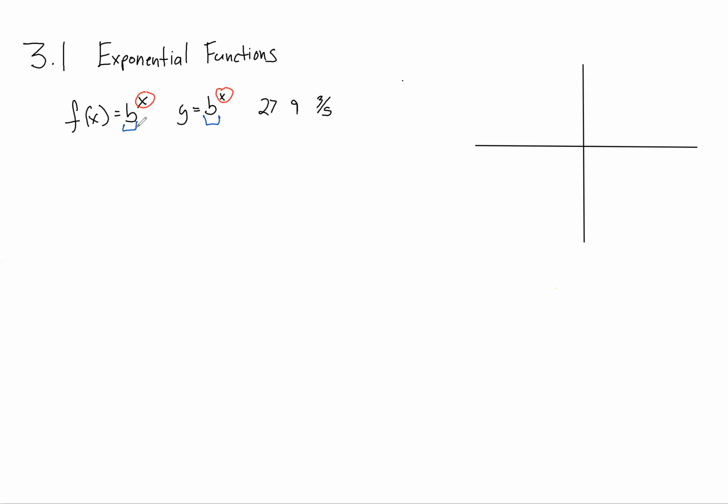And something important that helps with exponential functions is that any base, it doesn't matter what it is, to the 0 is going to equal 1. So 27 to the 0, 9 to the 0, 3/5 to the 0, it's all going to equal 1. And that's something important as we go along. Exponential functions will often have a curve, and then it gets really steep like that.